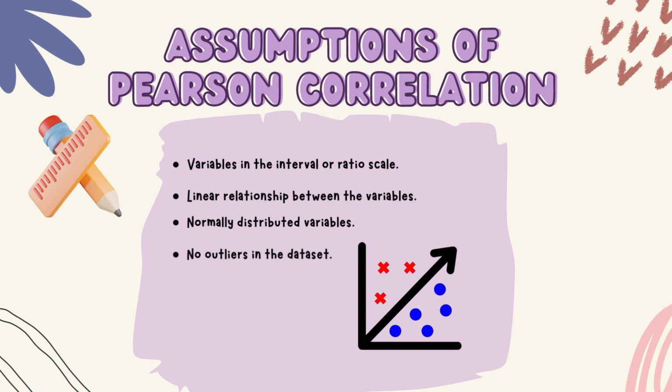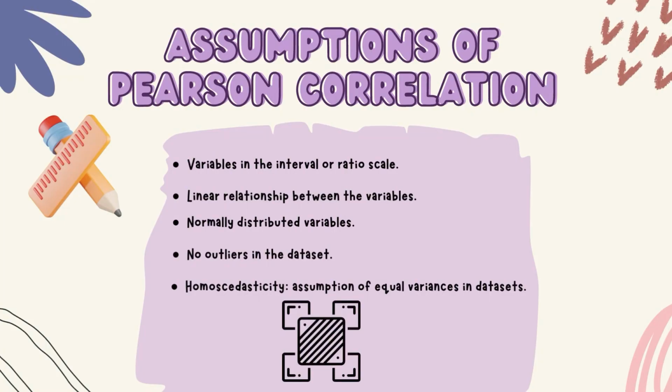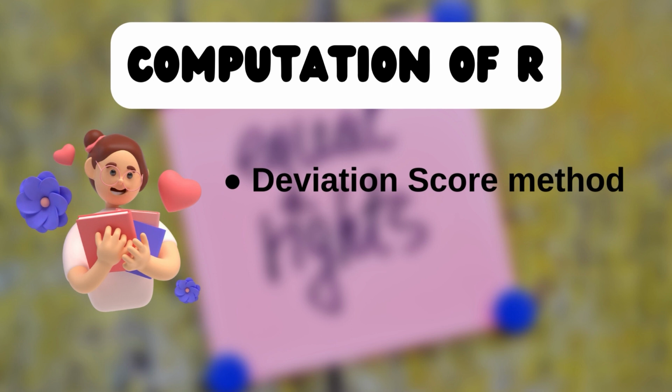We also need to follow the assumption of homoscedasticity, which is an assumption of equal variance in both the variables.